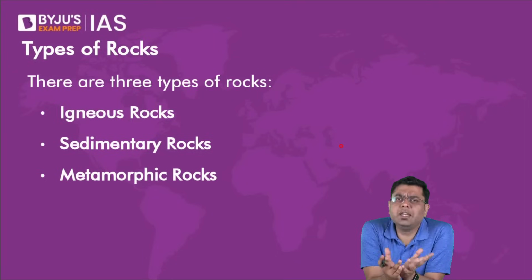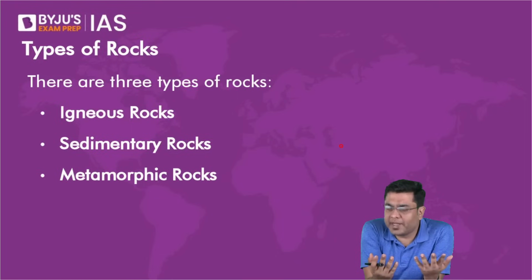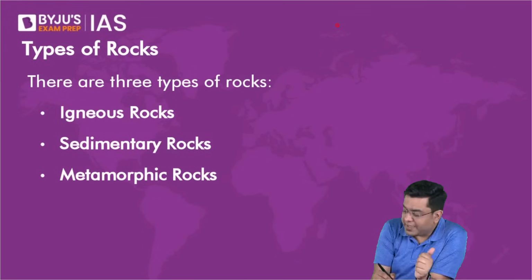Whenever a volcanic eruption takes place, the molten materials spread out. You would have observed it in various videos and images as well, that molten materials start spreading out, then start to cool down, and eventually solidify to form some or the other kind of rock. That is your igneous rock. Now, various things can happen.